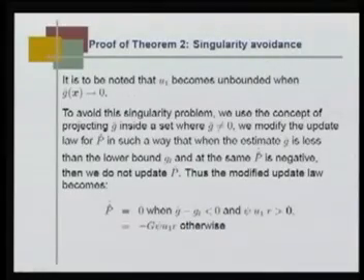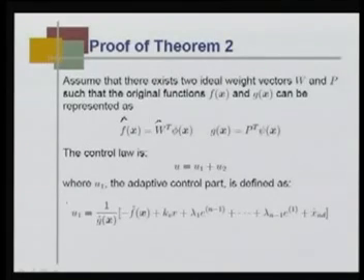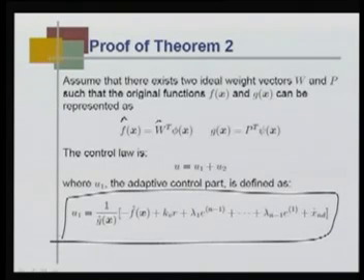Before I discuss that, here is the singularity avoidance. It is to be noted that u 1 becomes unbounded when g hat(x) tends to 0, which is very obvious. You can easily see that this u 1 will be unbounded if g hat(x) tends to 0.